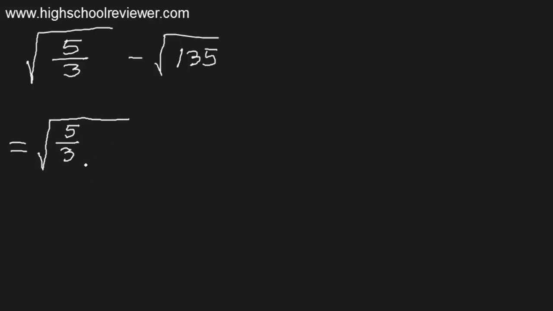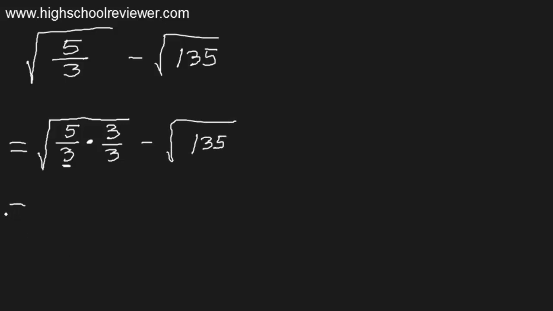To simplify this, we are going to multiply this by a fraction. So the numerator and the denominator will be the same as our denominator. So we are going to multiply this by 3 over 3. Minus the square root of 135.